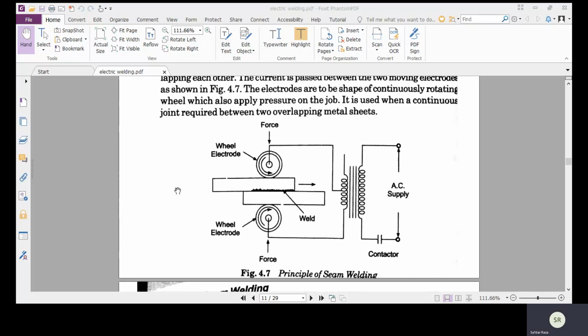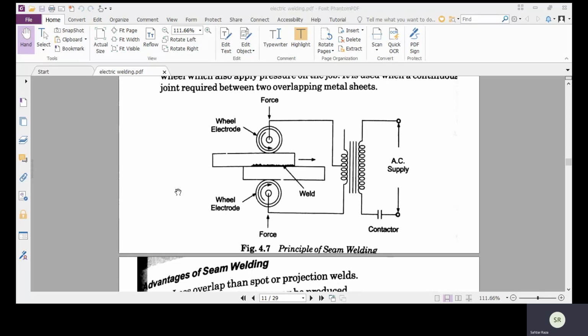The figure shows the principle of seam welding. In this case, wheel type or roller type electrodes are used and the pressure between them remains constant. In spot welding there is a single spot, or multiple spots in projection welding.